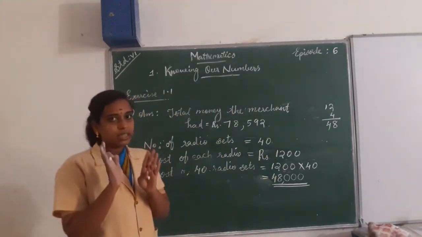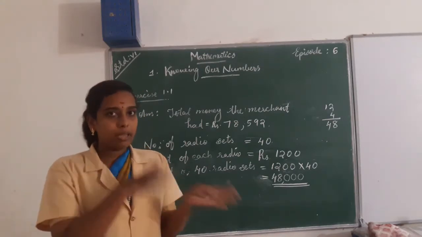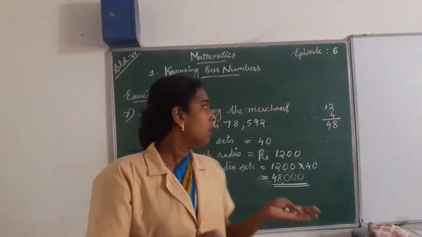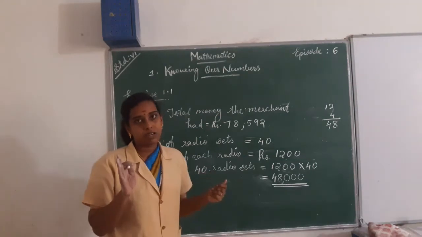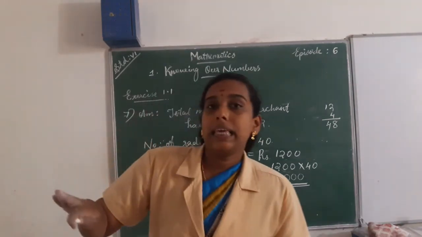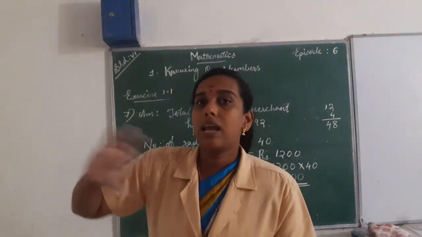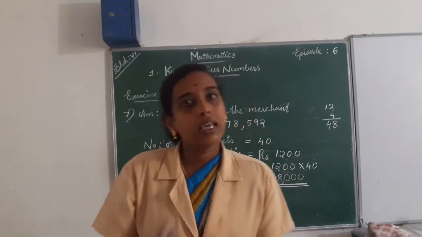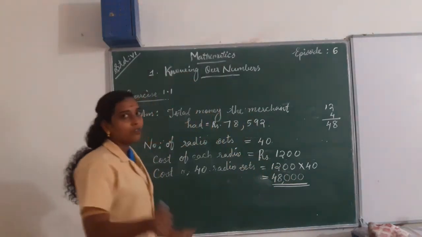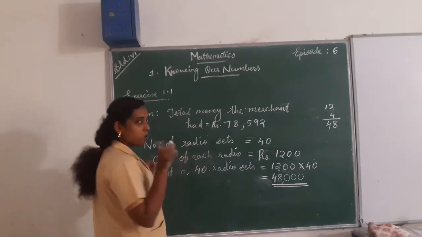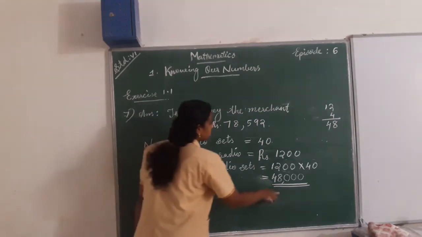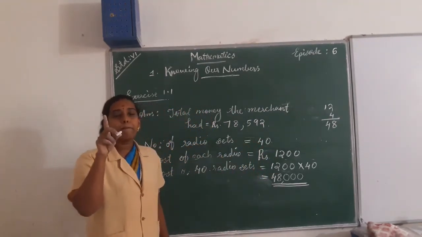For finding the remaining money, or money left with her, we use subtraction. Here we subtract the cost of 40 radios from the total money.